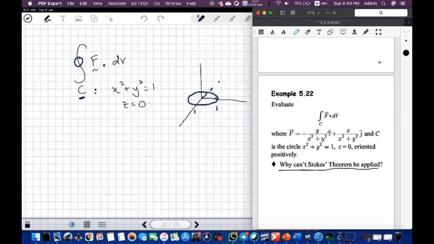So then the question is, you have to explain why the Stokes theorem cannot be applied.